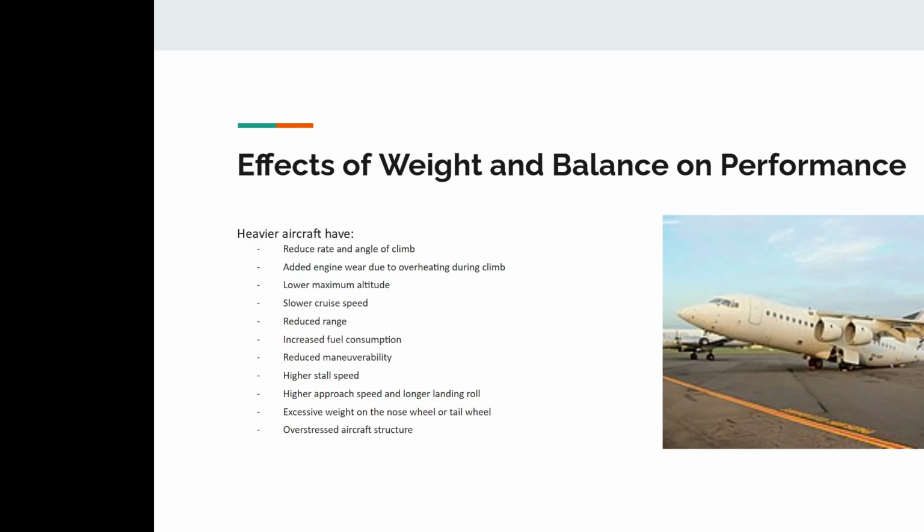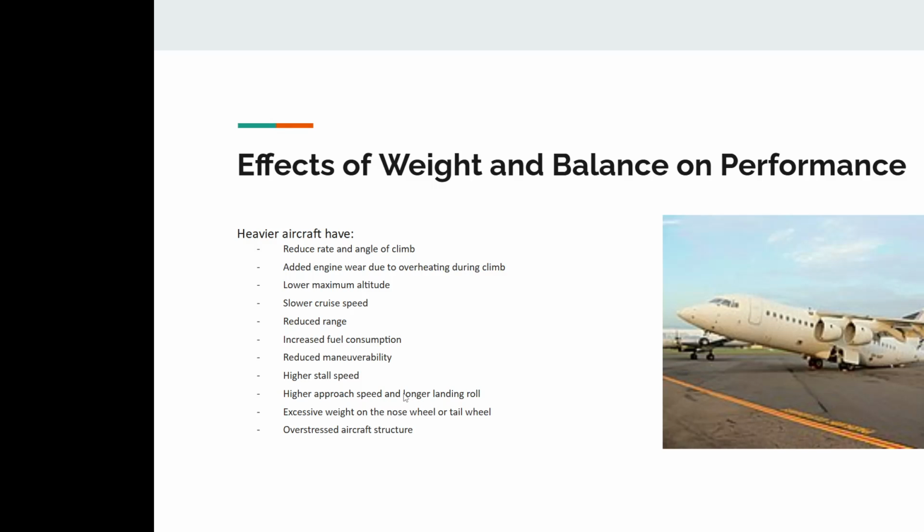This goes back to, for example, steep turns. When you're turning, you require much more lift. Well, a heavier aircraft also requires much more lift to be able to hold altitude, and that means a higher angle of attack. So what does that mean? Higher stalling speed.